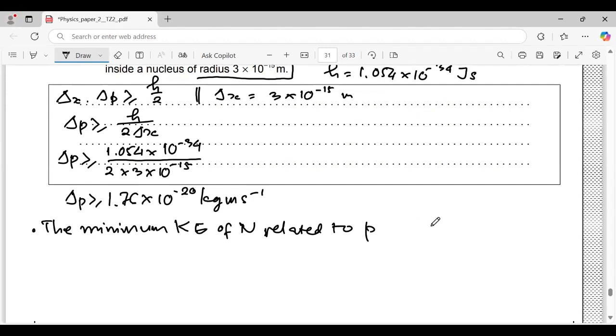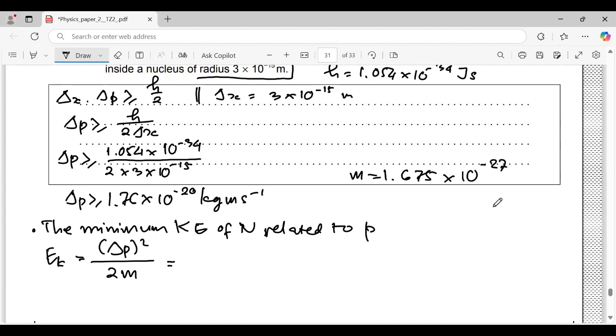We can get it through this formula: kinetic energy equal delta p squared over 2m, where m is the mass of a neutron, 1.675 times 10 power minus 27 kg.